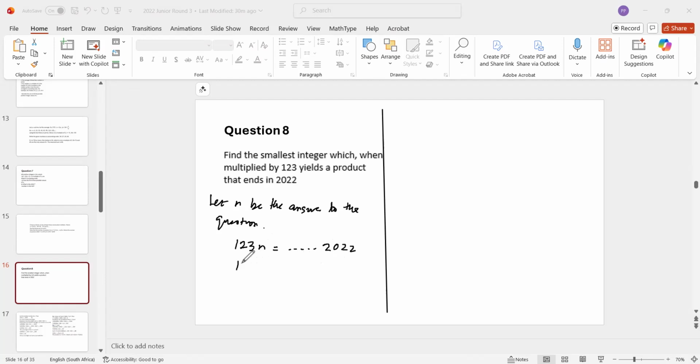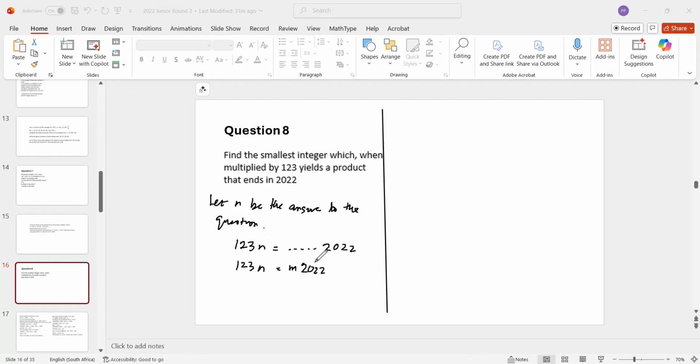Suppose 123n is, say, a 5-digit number, where m is a digit. That's quite possible. 123 times something can be a 5-digit number. It can't be a 4-digit number.